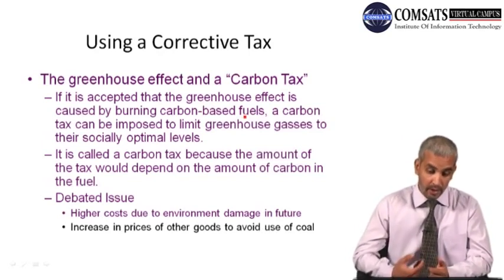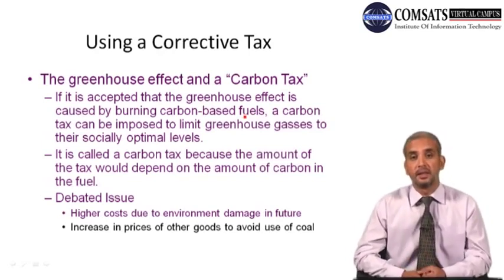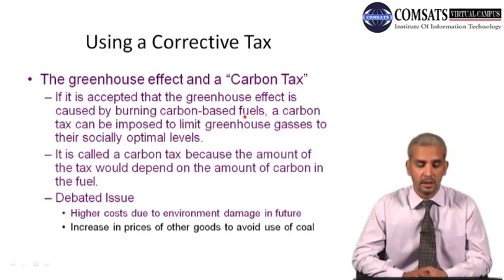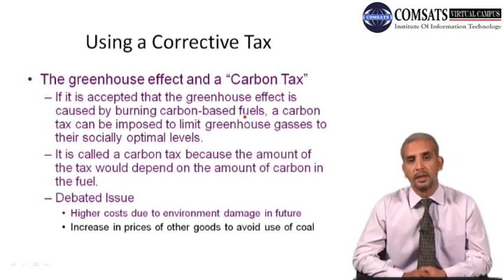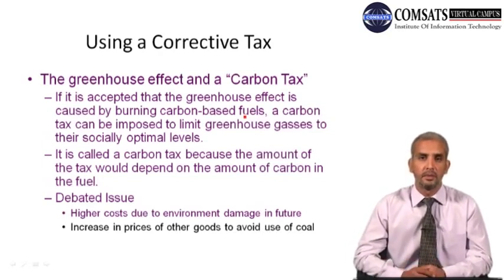Now, if we tax it a lot, if the tax is increased based on the increased risk of higher cost in the future, then the producers would need to either switch to alternative means of production, or they would switch to other goods to avoid the use of coal, like for example other types of fuel which would have a lesser amount of carbon emission.